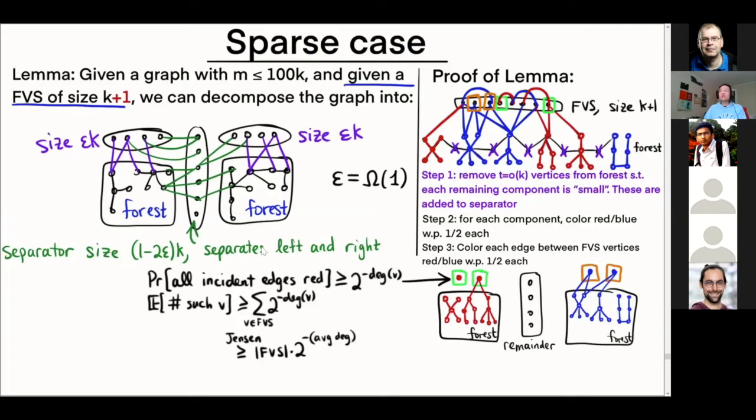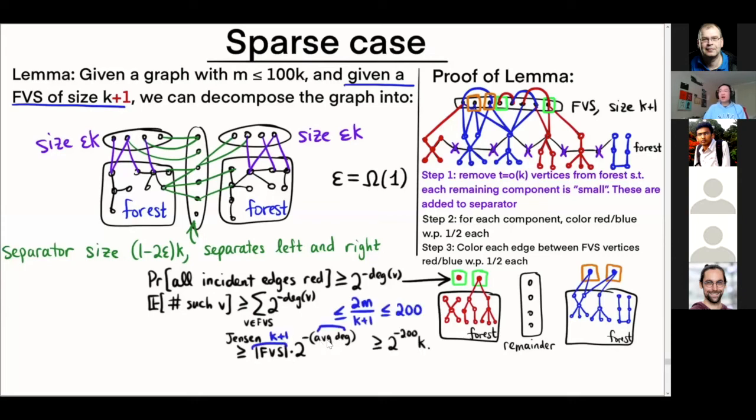So what is the expected number of such vertices? Well, it will be just a sum of 2 to the minus degree. And since 2 to the minus x is convex, by Jensen's inequality, this gives us the size of the FES times 2 to the minus average degree. And the size of the FES is k plus 1.